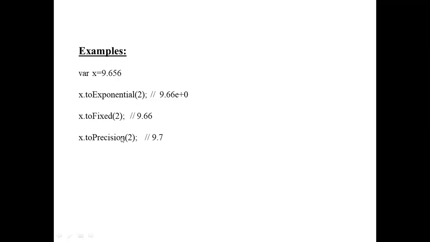If you give x.toPrecision(4), the value of x is 9.656, the total number of digits must be 4. If you give x.toFixed(4), the number contains 4 decimal values, that is 9.6560.